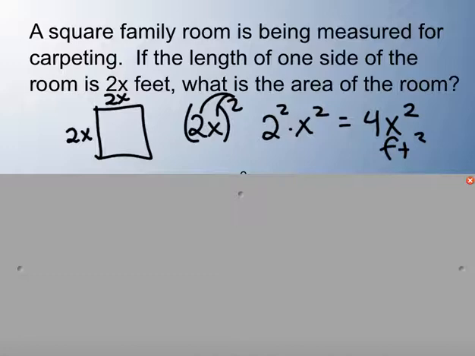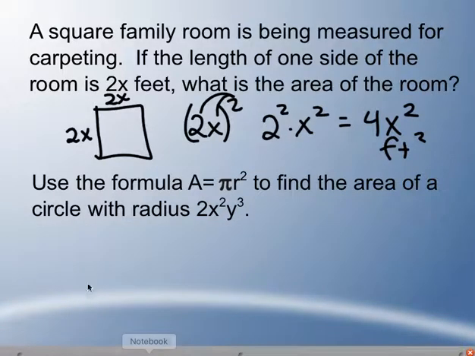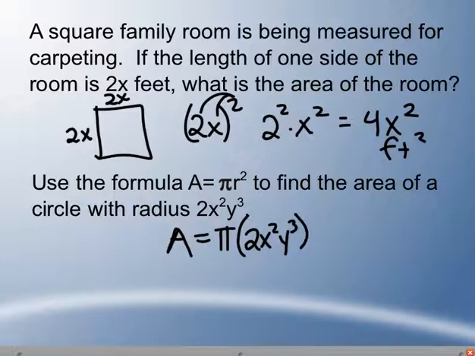All right. And then if we have the formula A equals pi r squared to find the area of a circle, with our radius being 2x squared y to the 3rd, I can plug that in to say my area equals pi times, well, this whole radius, 2x squared y to the 3rd, squared, which means I'm going to distribute this to everything inside.